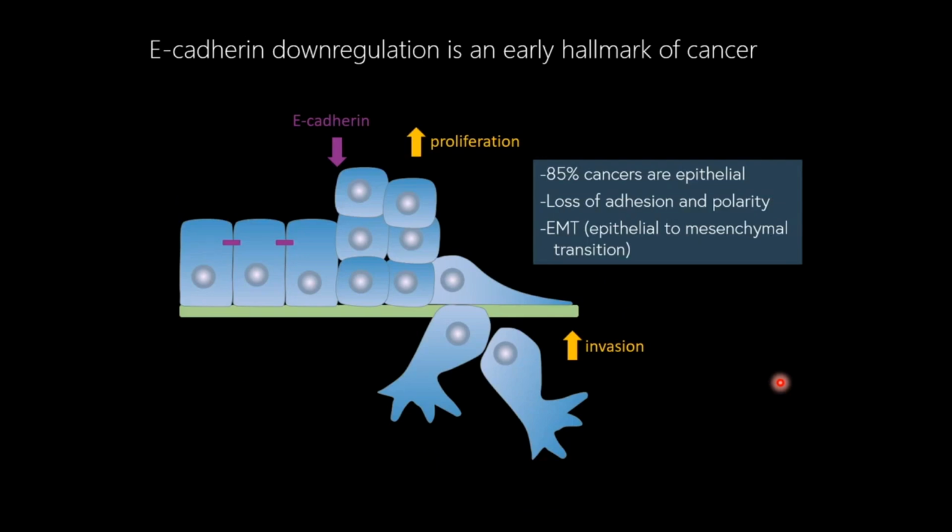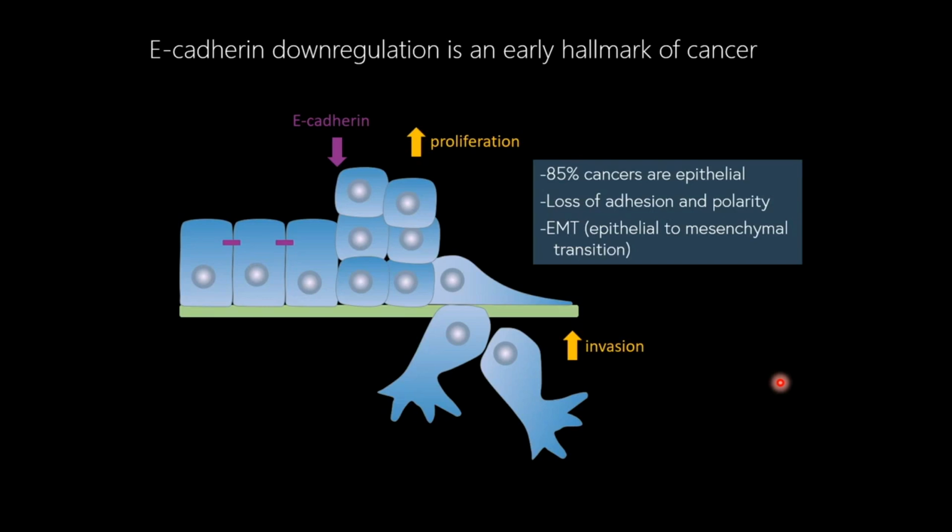Now, why is this important? E-cadherin downregulation is very important because it's one of the earliest hallmarks of cancer. A couple of things are important. First, 85% of cancers are of epithelial origin, which is the type of cell that we're studying. And a lot of these cancers start at very early stages by downregulating E-cadherin levels.